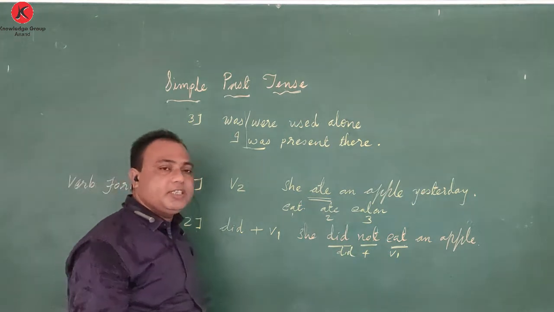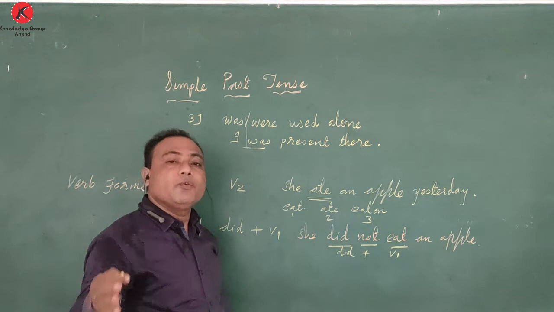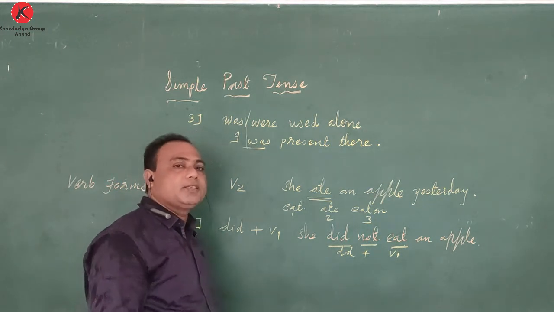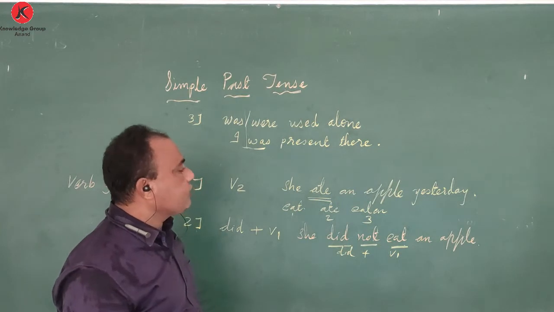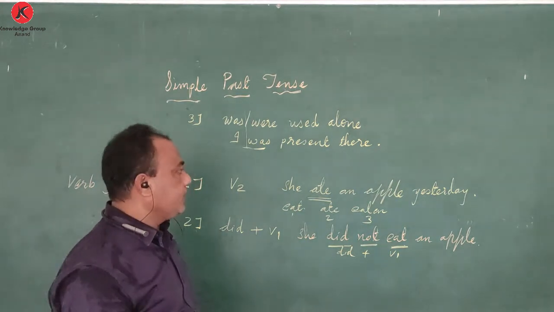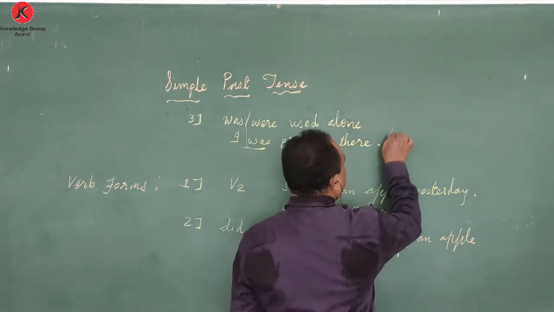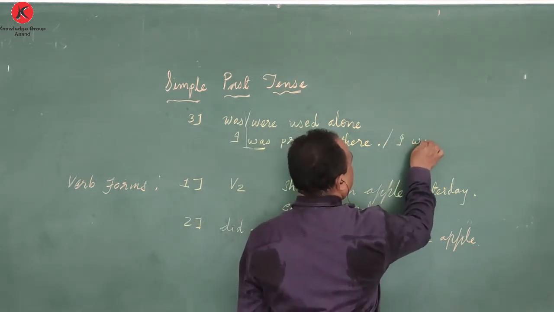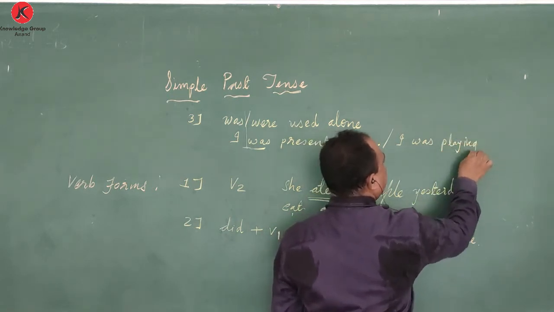But when was or were is used in combination with verb plus ing, then it does not indicate simple past tense, but it indicates past continuous tense. For example, I was playing.